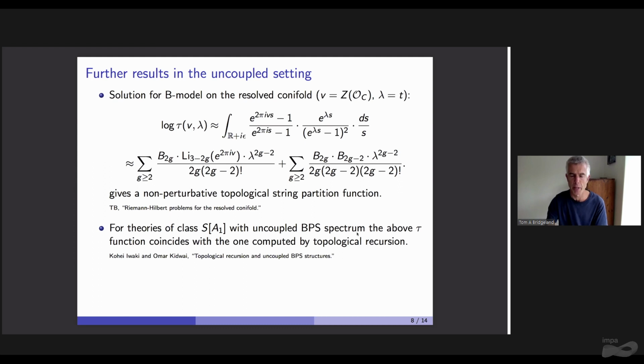They are a very special class, but they showed that this above formula for the tau function, remember I just had a formula there which involved the BPS invariants, coincided with the tau function that is computed by topological recursion. So in other words, the exponential of the free energy, where you have those FGs that topological recursion computes.